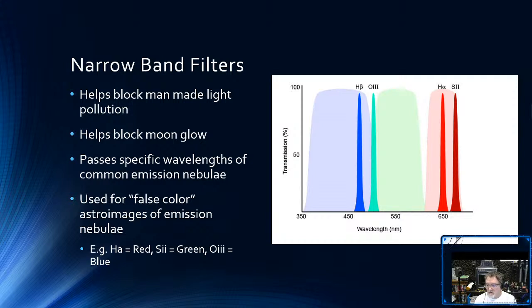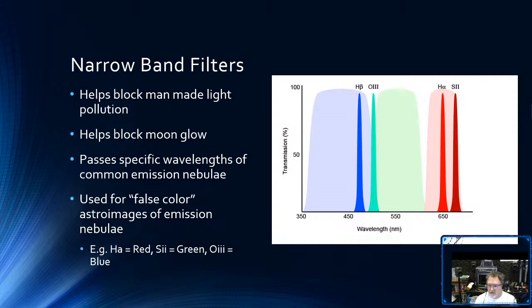These bands of light are called hydrogen alpha, singly ionized sulfur, which is called S2, and doubly ionized oxygen, which is called O3. And then there's one or two objects that are hydrogen beta, but for the most part, imagers use just these three bands.